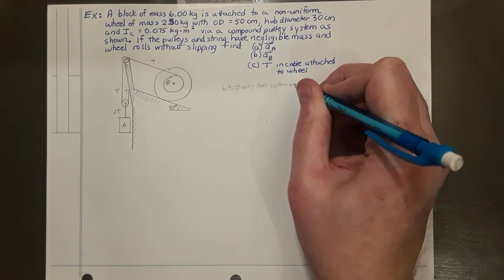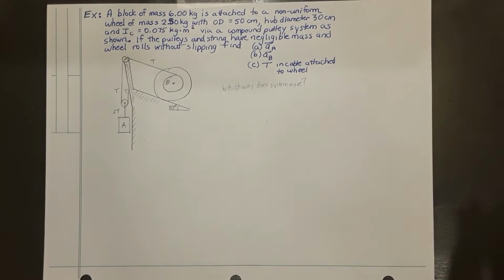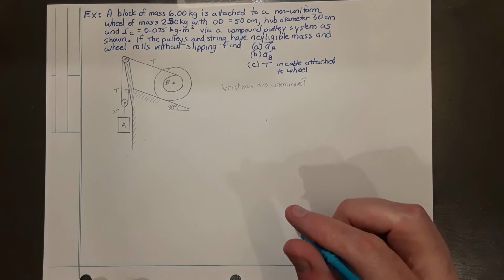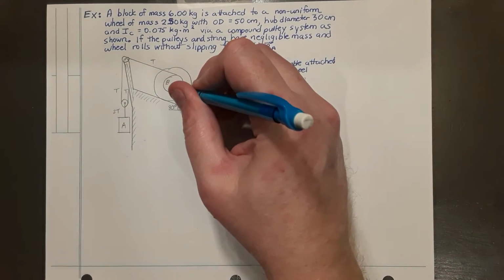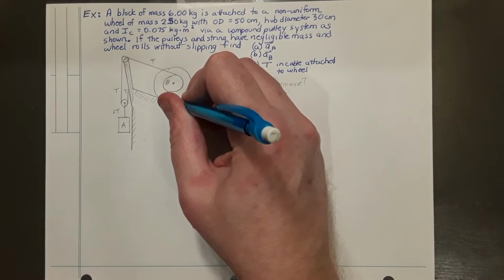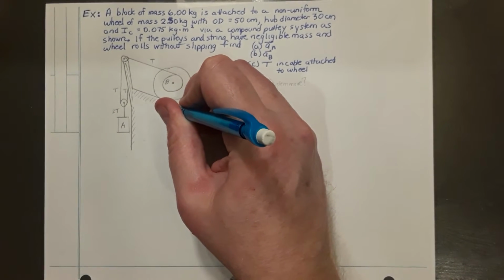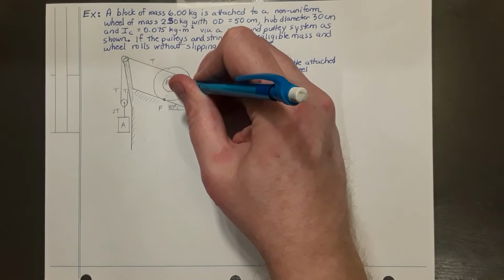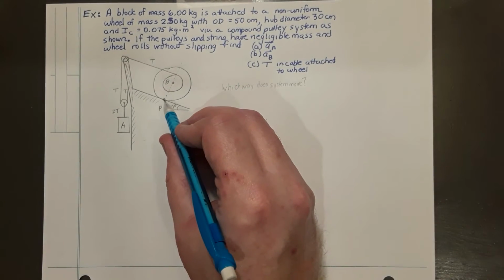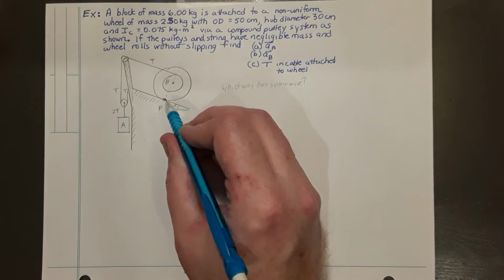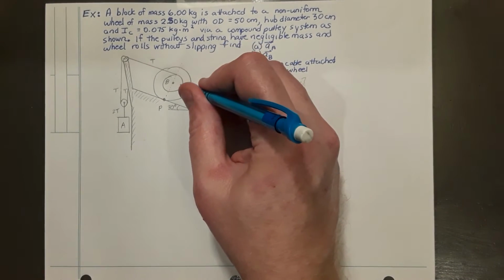And the way that you answer this question is by calculating the moments that are acting on the rolling wheel. This wheel is going to be rolling about the point of contact, point P, which is at the bottom of the wheel, the connection point between the wheel and the surface upon which it rolls.